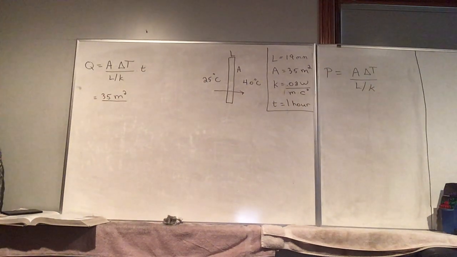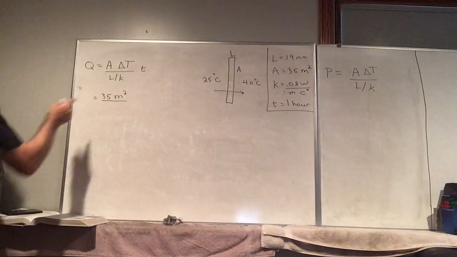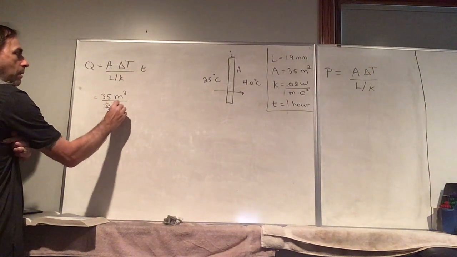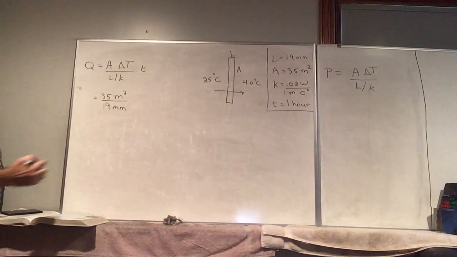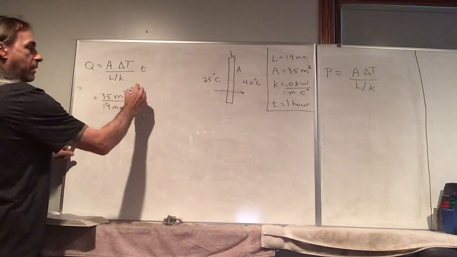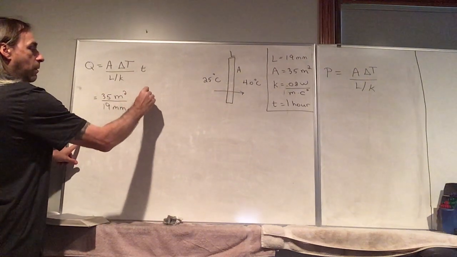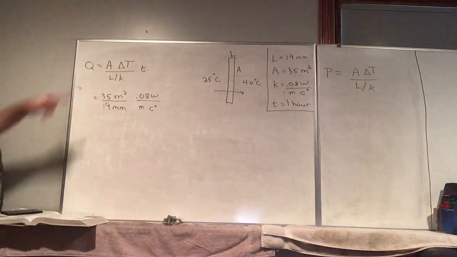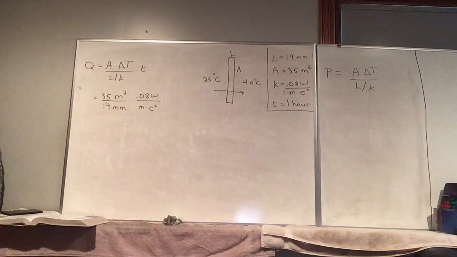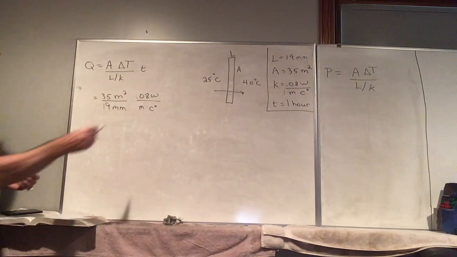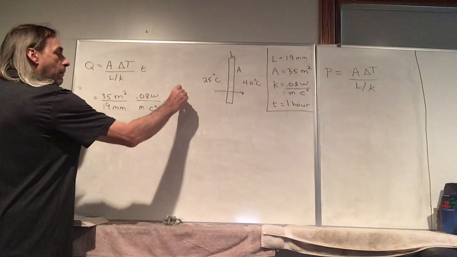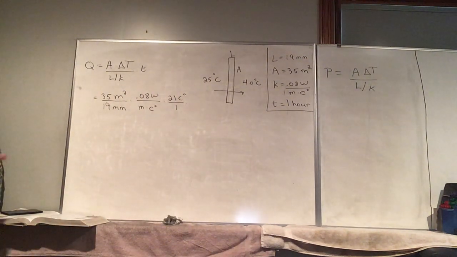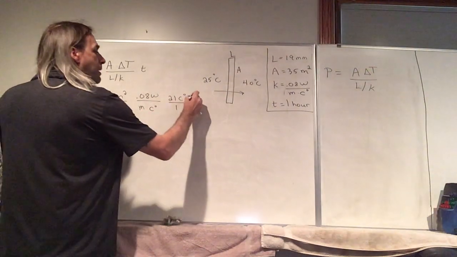The length is 19 millimeters. So we've got L over K, and I'm going to put the K back on top. That'd be 0.08 watts over meters Celsius degree. So we took care of A, L, and K. Now delta T, that'd be 21 Celsius degrees. And finally, time, 1 hour is 3,600 seconds.